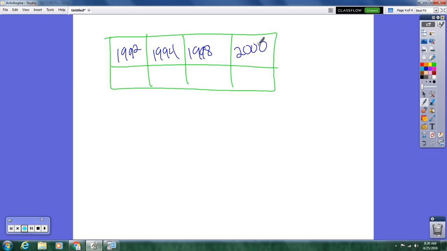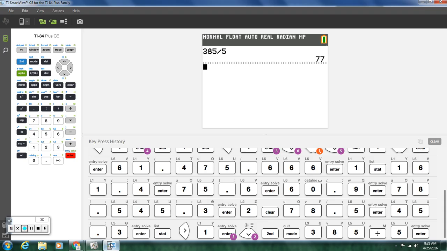And they're not actually 4 years apart, but anyway, that part doesn't matter. So in 1992, 29% of fourth graders read at or above proficiency. 94, 30% of them. 98, 31, and in 2000, 32%. So we're going to put those four numbers in: 29, 30, 31, 32.